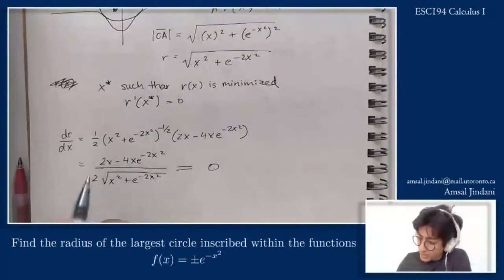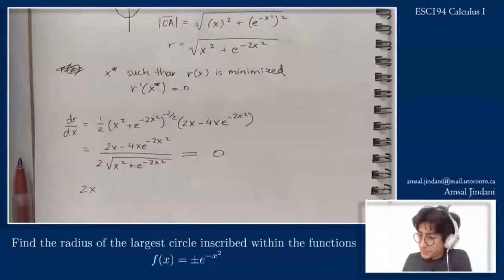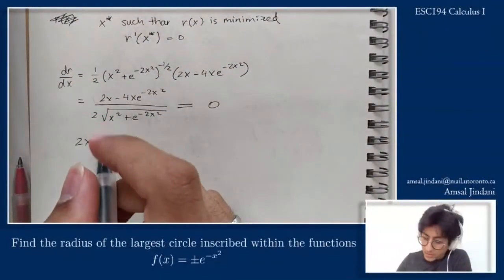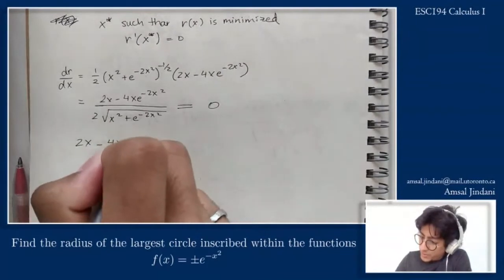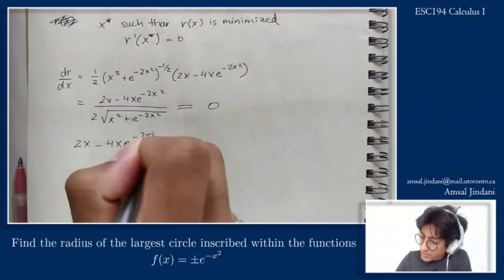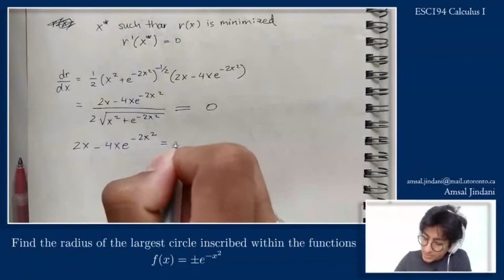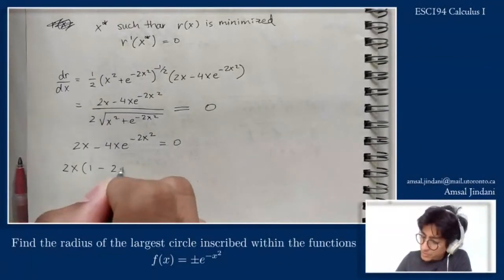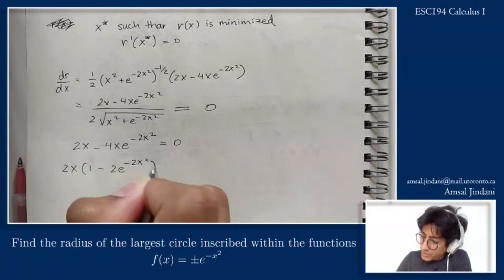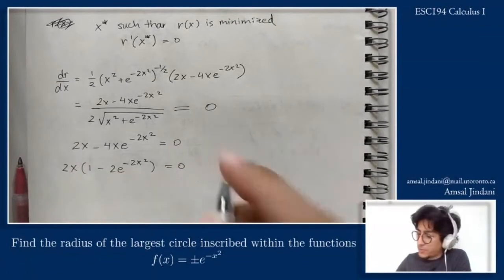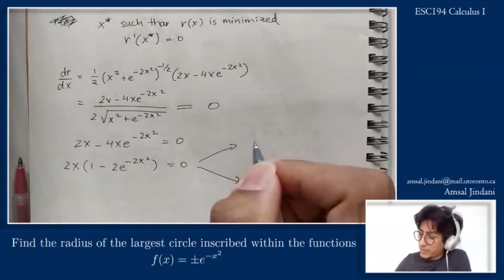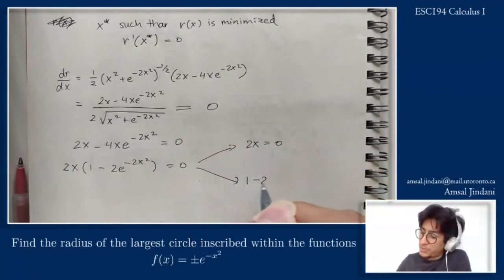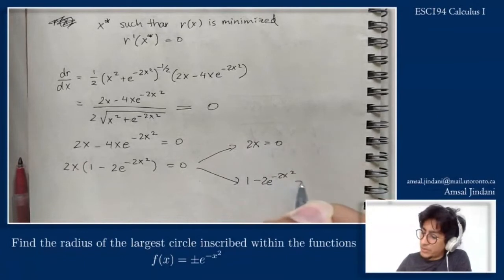So you get 2x minus 4x e to the minus 2x squared equals 0. Then we can factor out a 2x: 2x times 1 minus 2e to the minus 2x squared equals 0. That gives us two possibilities: either 2x is equal to 0, or 1 minus 2e to the minus 2x squared is equal to 0.